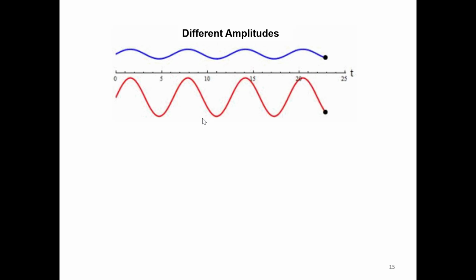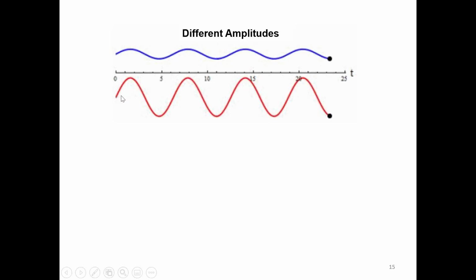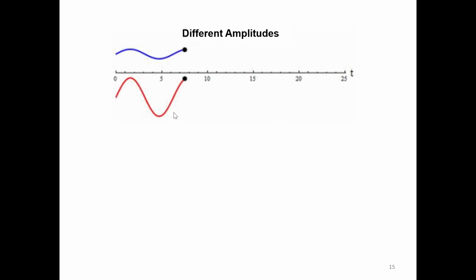Yes, the time to travel one complete cycle is the same. The period is the same. We can see here the period is the same, the time is the same. But just the amplitudes are different. The maximum distance from the equilibrium position is different.